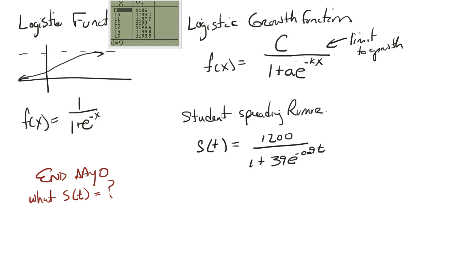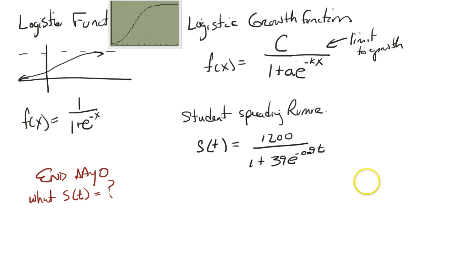Right around day 10, day 11. So I can go to 12, let's say. So window 0 to 12, and for the y values maybe 1300. And when I hit graph, I get that nice S shape, and it tops out.